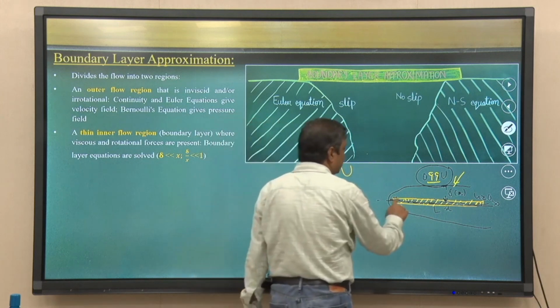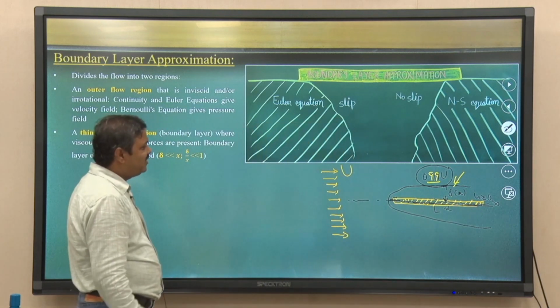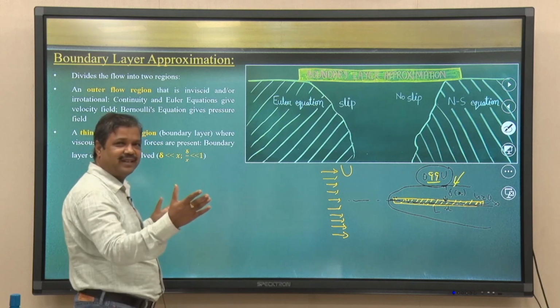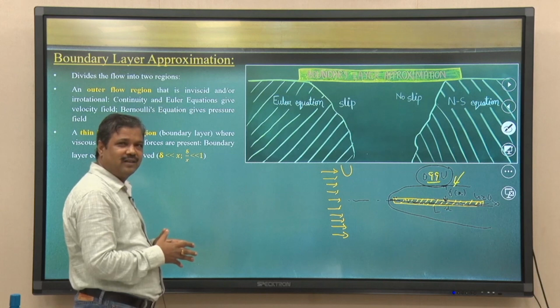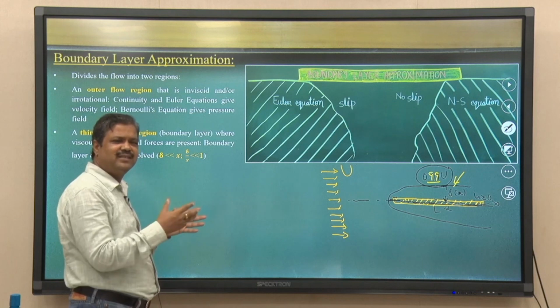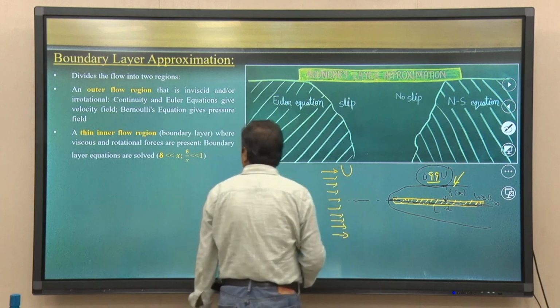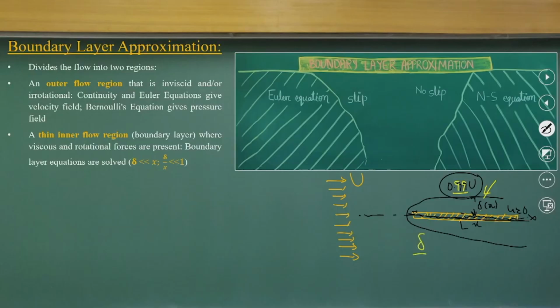If you anticipate it with distance, it will be an increasing trend. One thing to note is that the plate length could be meters, but the boundary layer thickness is very thin, at the centimeter level. So, delta will be much less as compared to the x value, and delta by x is usually much less than 1.